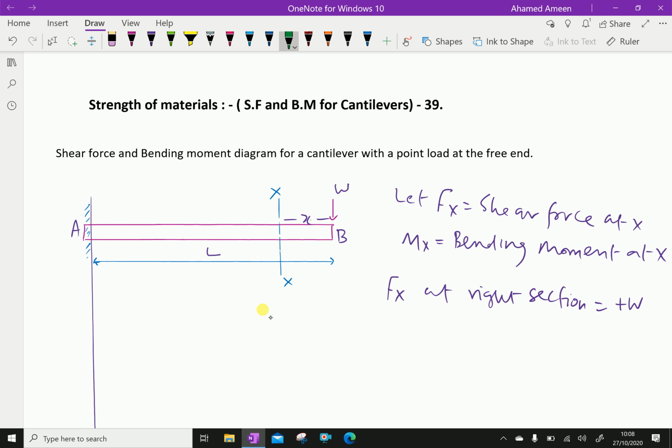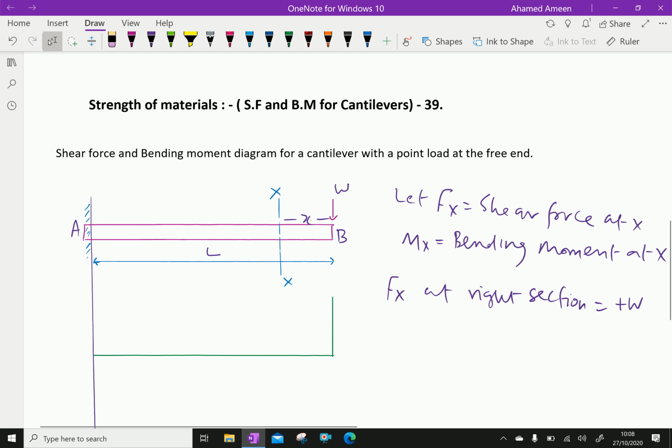Here, you have to draw a vertical line for some scale for the W. Now this is constant everywhere. Shear force is constant throughout the cantilever.